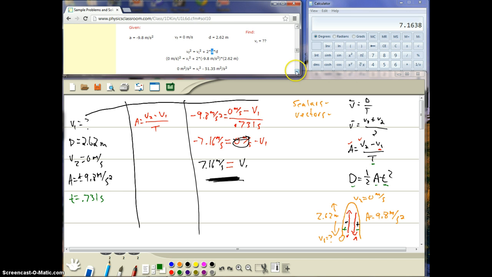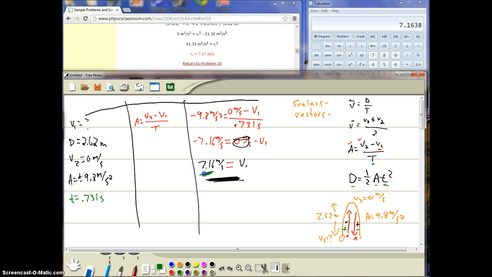There's different ways to get to the solution, but you'll see that we all arrived at the same solution, 7.17. We got 7.16, but that would have been due just to rounding error, after I had all of these numbers up here that I rounded to less accurate significant figures.